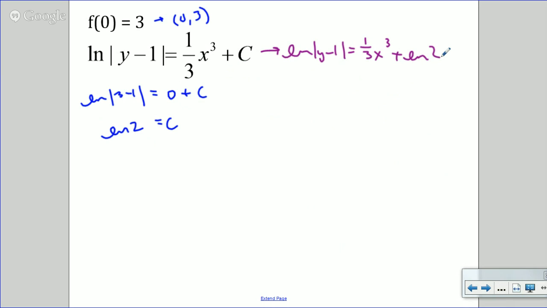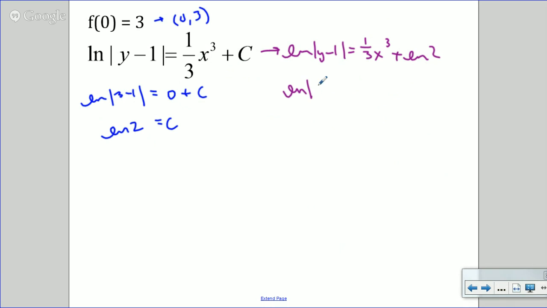There really are a couple routes you can go here. When you have more than one ln, my recommendation is put all your ln's on one side, everything else on the other, and then we can use our laws for logarithms to simplify. Okay, so let's do that.